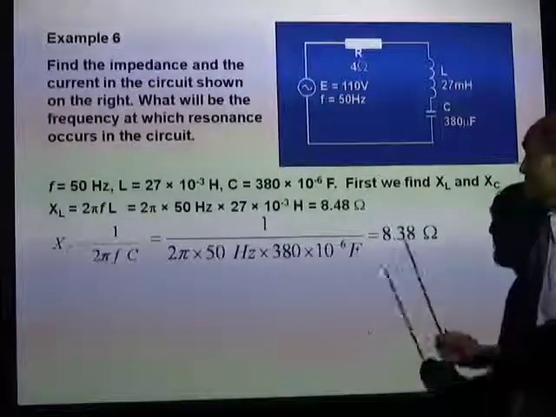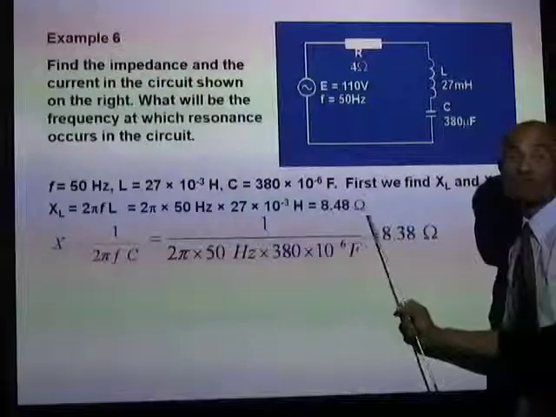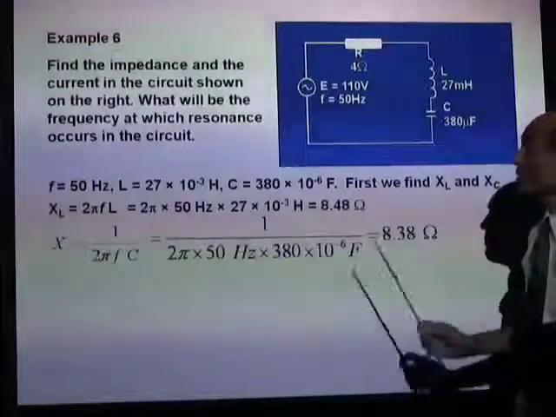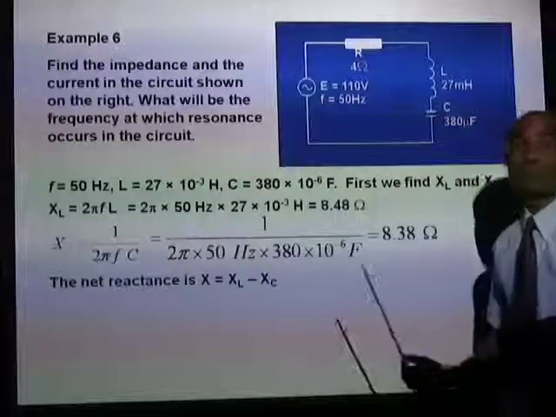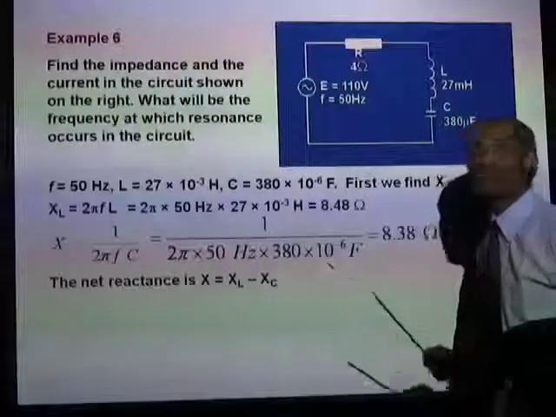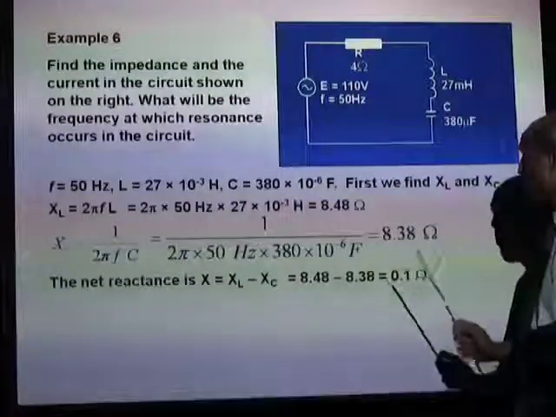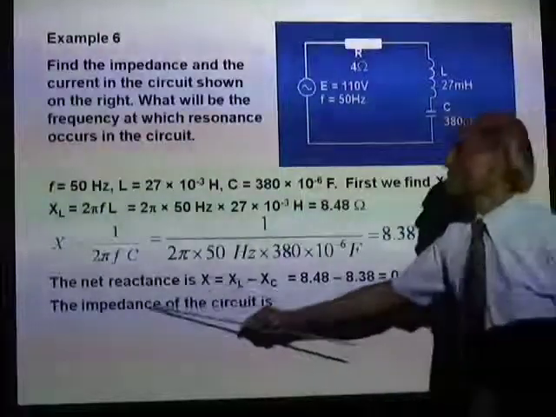Well, if you see here, it's almost a resonant circuit because the two reactances are almost equal. In other words, because they are 180 degrees out of phase, the net reactance, XL minus XC, is 0.1 ohm. It's a very small quantity. So what's the impedance?